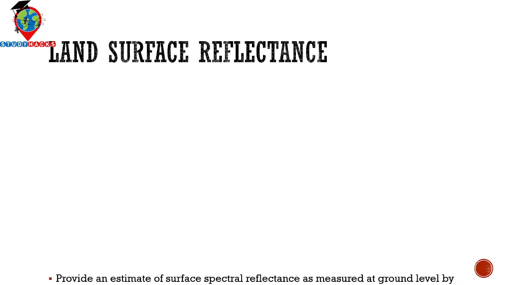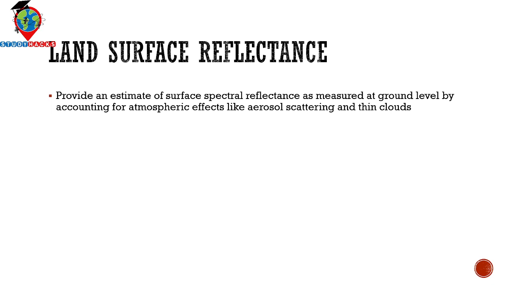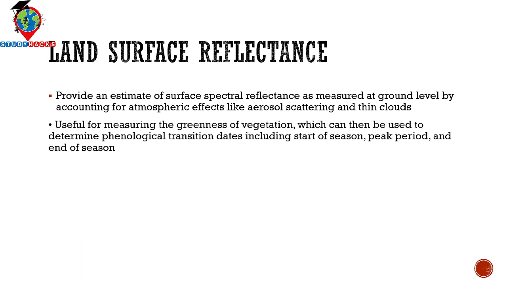So first of all, land surface reflectance. Land surface reflectance provides an estimate of surface spectral reflectance as measured at the ground level by accounting for atmospheric effects like aerosol scattering and thin cloud, and is useful for measuring the greenness of vegetation, which can then be used to determine the phenological transition dates, including the start of season, peak of period, as well as end of season.